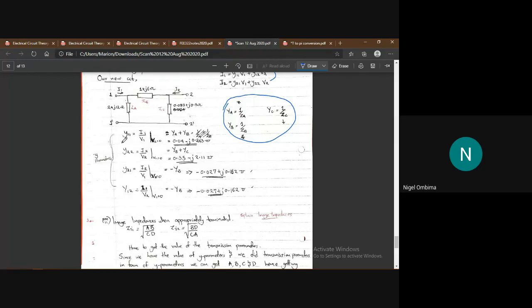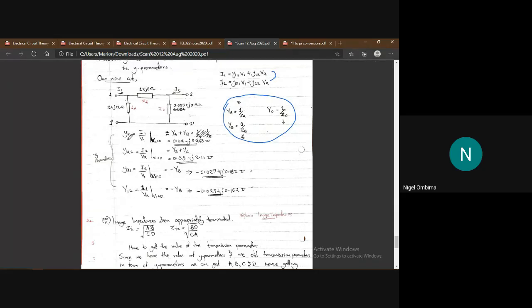So there's this formula also from Y parameters and conversion of lattice networks to T network or pi network in terms of Y parameters or Z parameters. There is this formula whereby Y11 is equals to YA plus YB, Y22 is equals to YB plus YC.